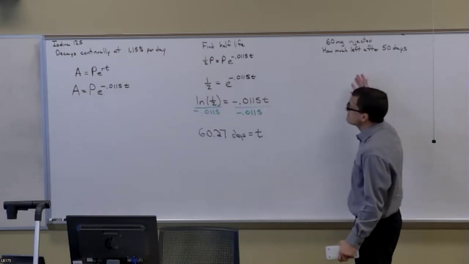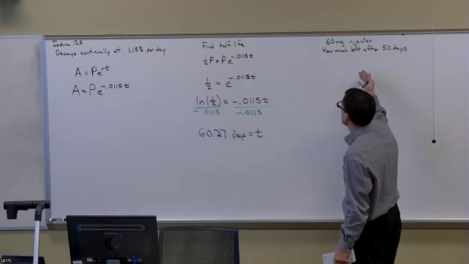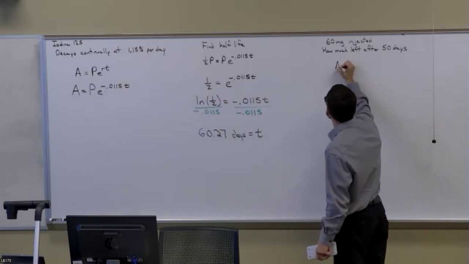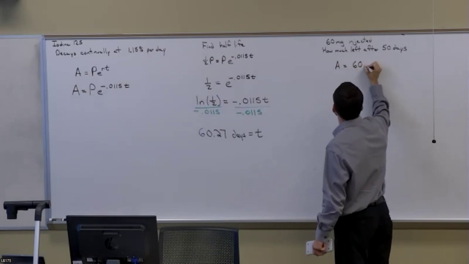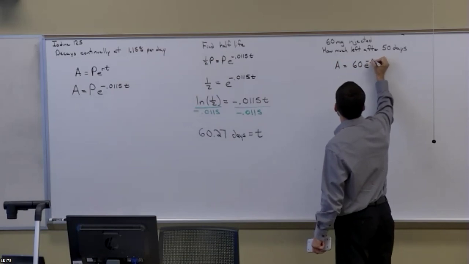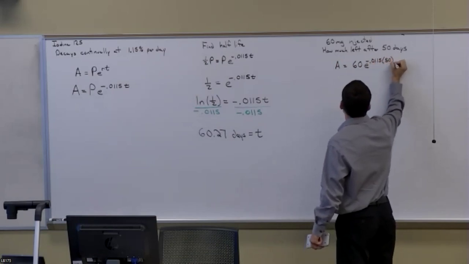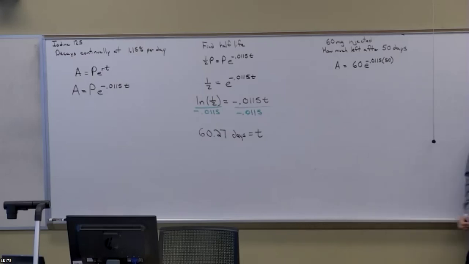Now, in our last part, it does give us a starting amount of 60. So if our starting amount is 60, how much is left after 50 days? Well, since our t is in days, all we have to do is replace t with 50.